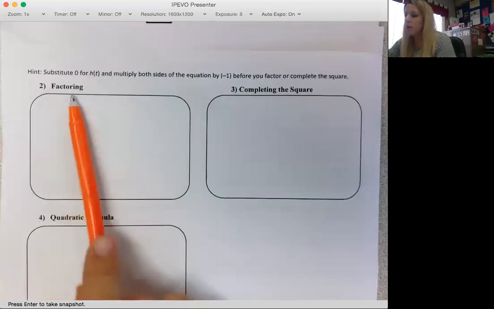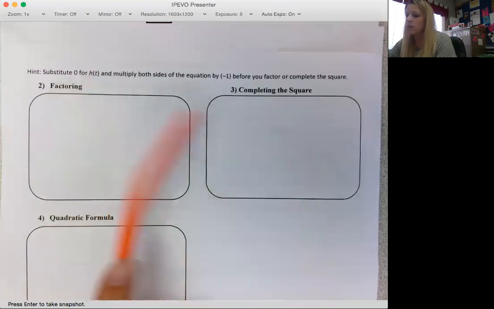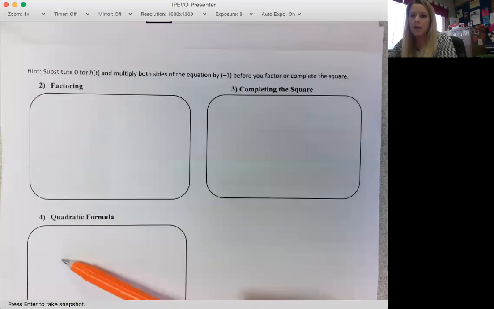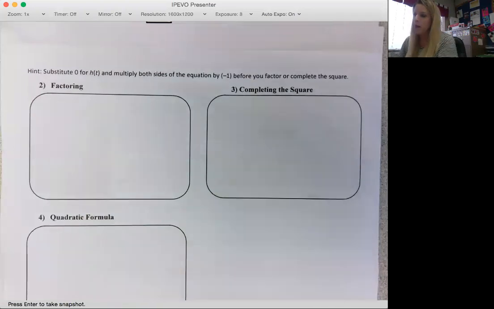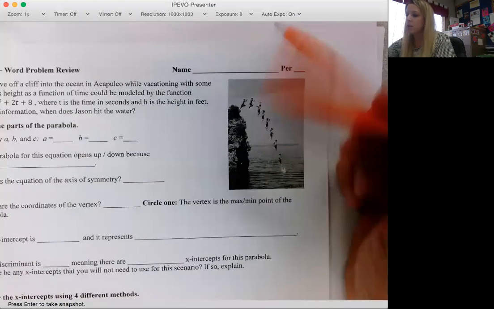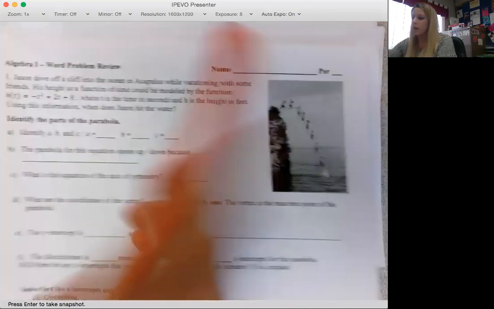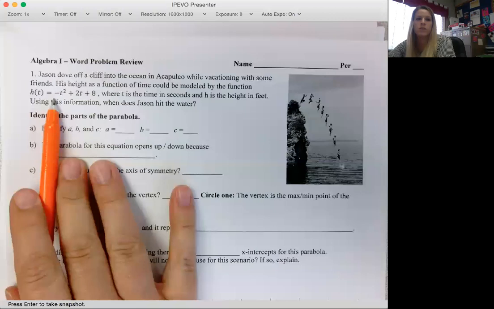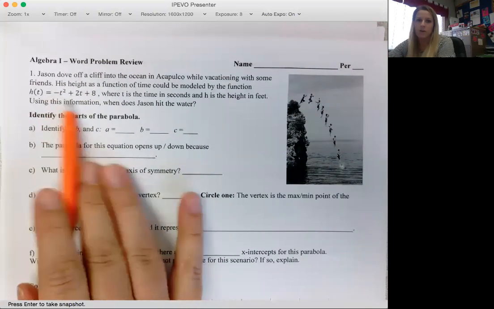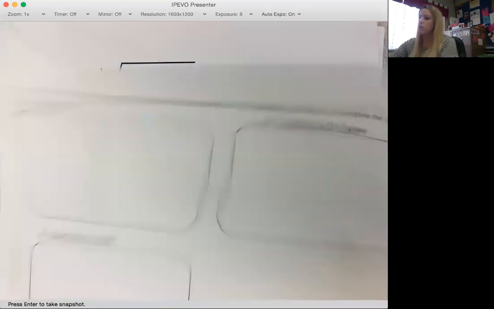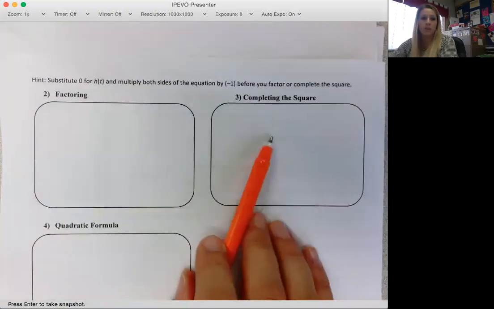An important thing is that when you're doing, especially completing the square and factoring, not necessarily for quadratic formula, you can't have a negative a value. Because this parabola, this jumper is going down, we have a negative a value. And what we need to make sure we do is divide out that negative a before we do the factoring and completing the square.